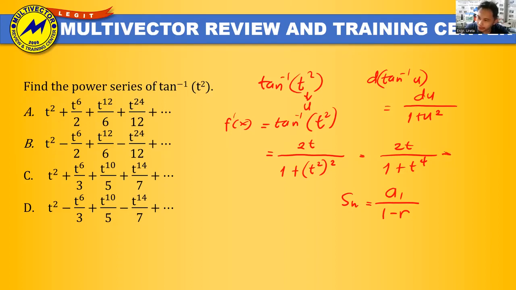If we compare it here, our a1 is our 2t, while our r is negative t raised to 4. So now I can say that our Sn is just equal to a1, where a1 is 2t, all over 1 minus negative t raised to 4.